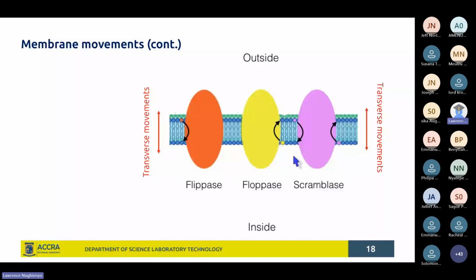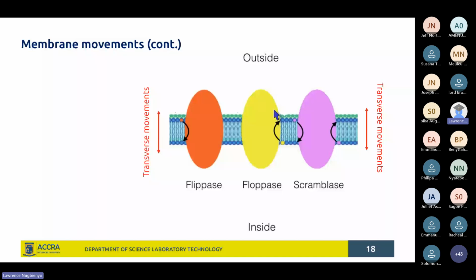And you also see clearly that this is the outside of the cell above, and the inside of the cell below. To show that, yes, if you have a movement from outside to the inside, that is a flip, so flipase. And also if it's from inside to the outside, that is a flop, and so the enzyme there is floppase.